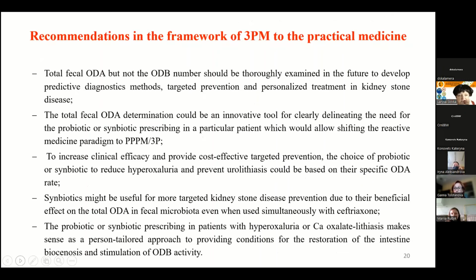So we have some results which we hope will be translated in the clinical practice because it helps us to personalize treatment and also to prescribe the patient the right probiotics.